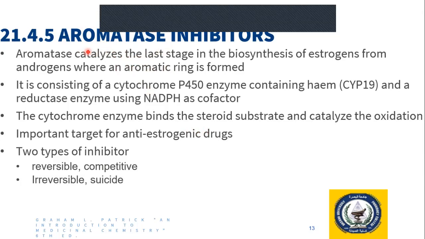This enzyme consists of two parts. It's a complex of the cytochrome P450 enzyme containing heme, which means it contains iron, and a reductase enzyme using NADPH as a cofactor. Eventually, you are going to need a reductase to make the aromatic ring. The cytochrome enzyme binds the steroid, binds the androgen substrate, and catalyzes the oxidation.